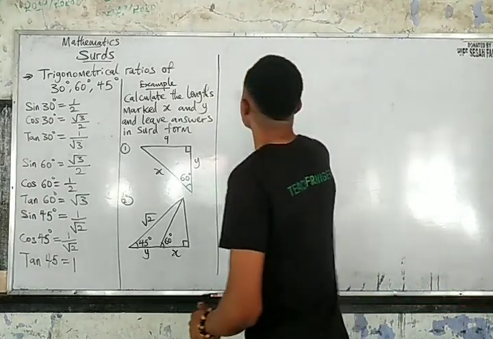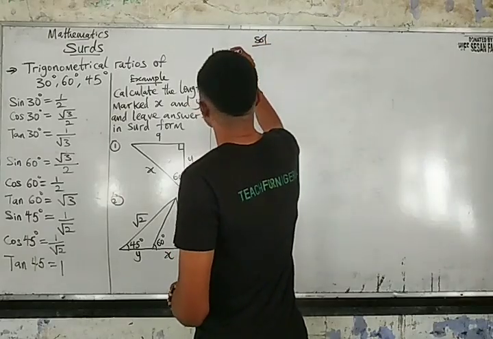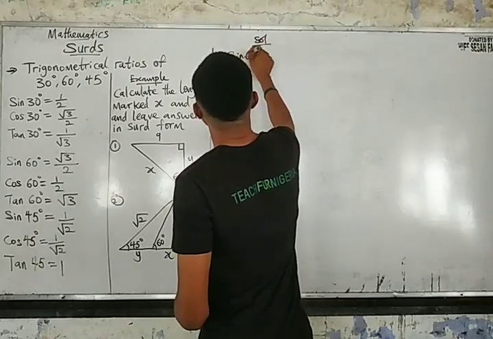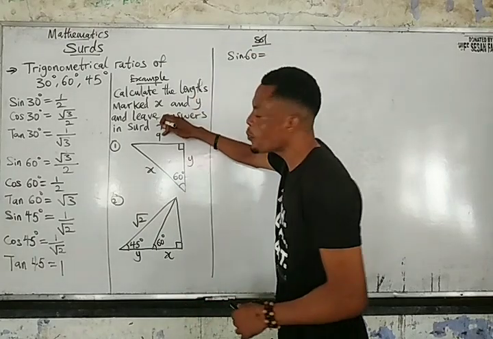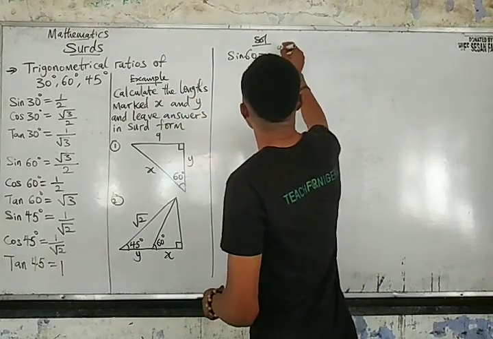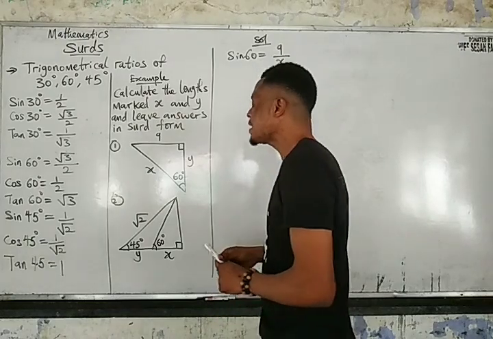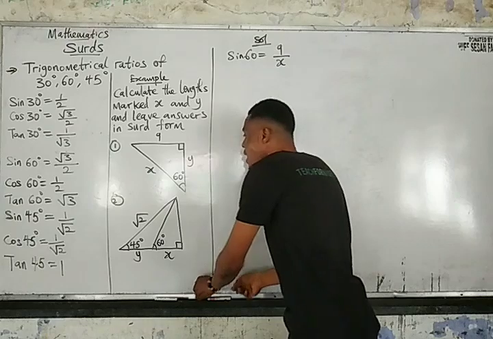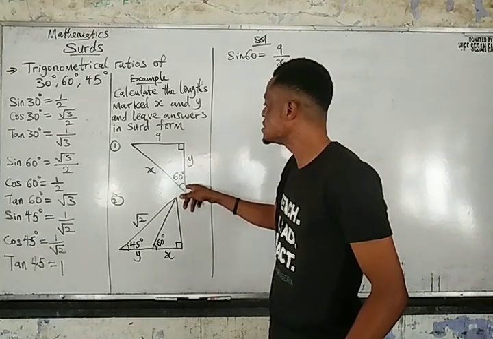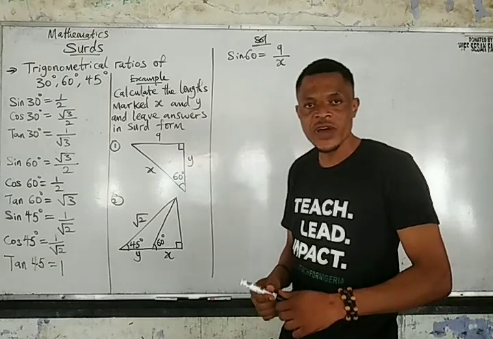Now let's see what we have here. We have our solution: sine 60 equals opposite over hypotenuse, that is 9 over x. And for sine 60, root 3 all over 2 is its equivalent.